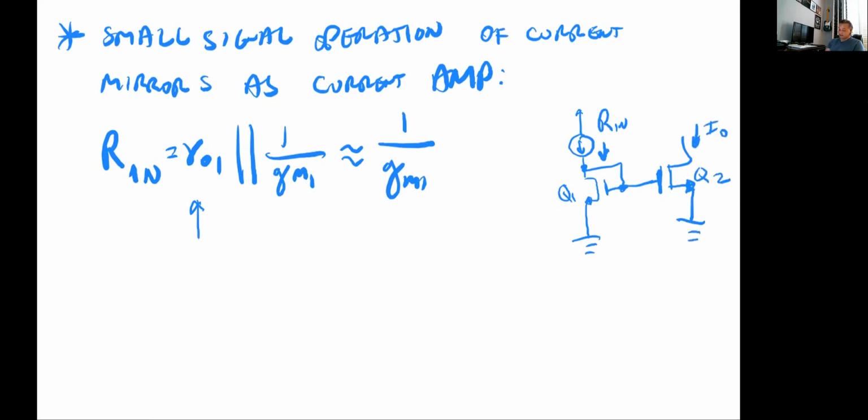So our output resistance is looking into there, and what we see there is the output resistance of Q2. So the output resistance of the amplifier is ro2.